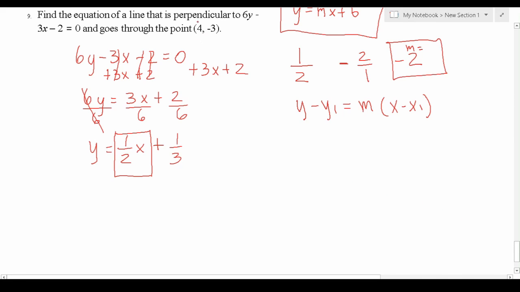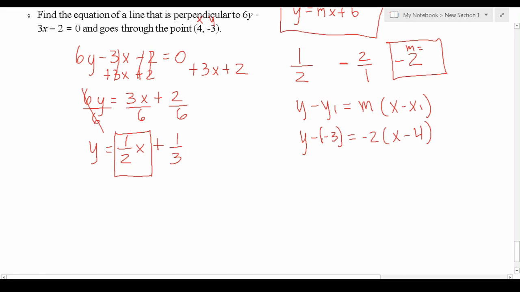Okay, and here's our x and our y that we're going to plug in. We found our slope. So y minus negative 3 equals m, which is negative 2, times x minus x1, which is 4. Solve.